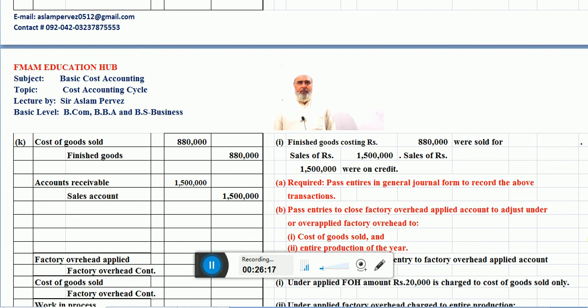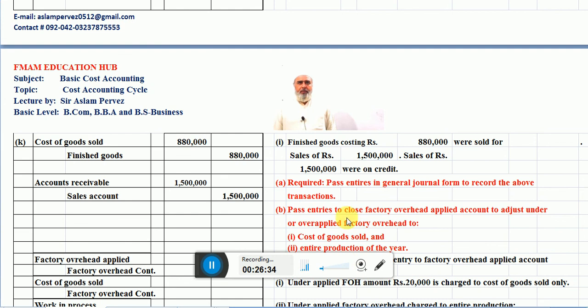Now students, these are the transactions which are passed in front of you. Now, this is the first part required: pass entries in general form to record the above transactions.